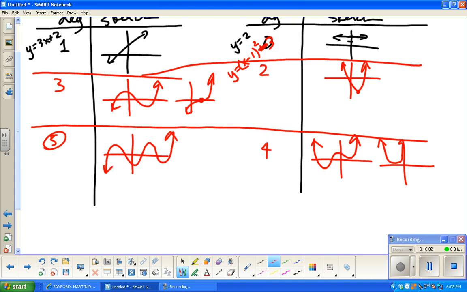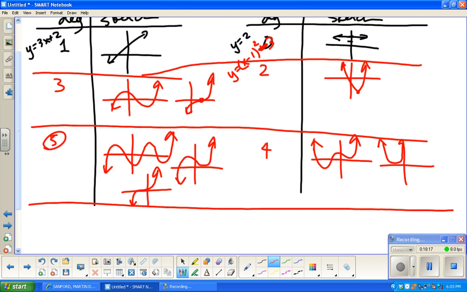Again, it could be upside down. It could have fewer turns. It could even just have the inflection, and that's it. What I want to focus on is the most extreme case, because that's where it gets interesting.